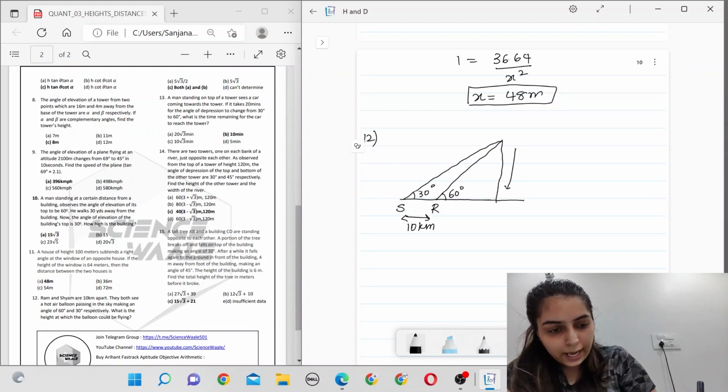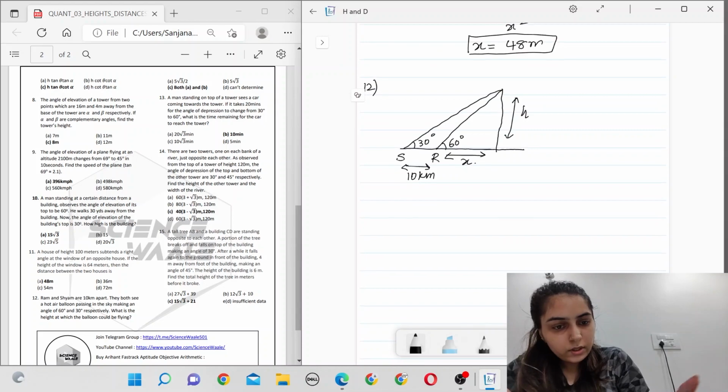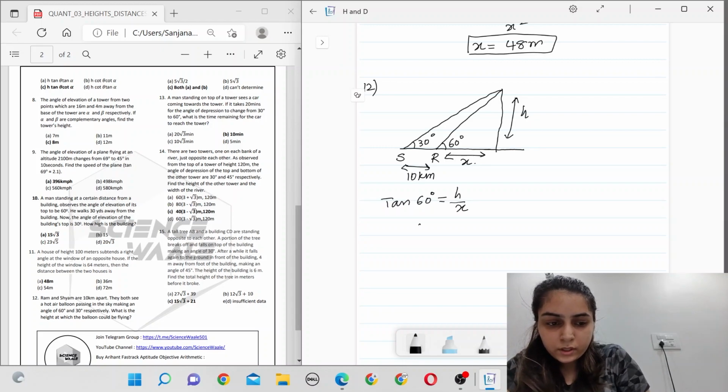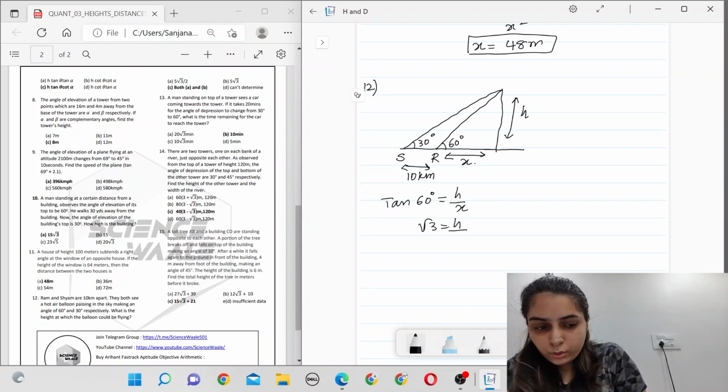Let us assume the height of the hot air balloon to be h and this base to be x. So tan 60 degrees is equal to h by x. Root 3 is equal to h by x. H is equal to root 3 x.